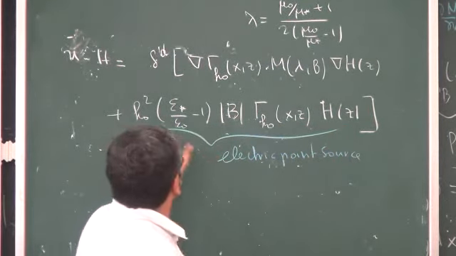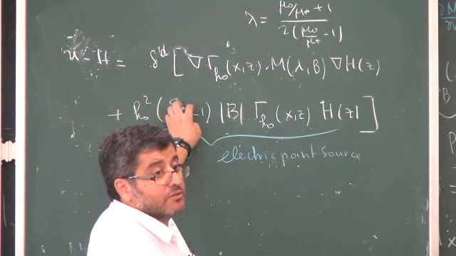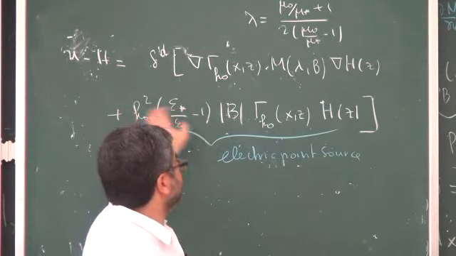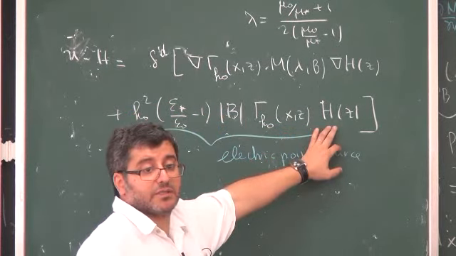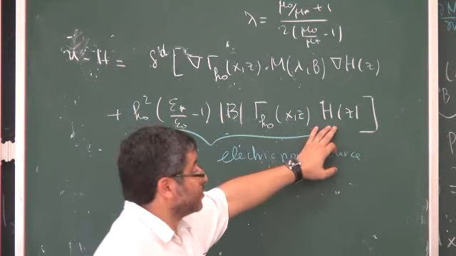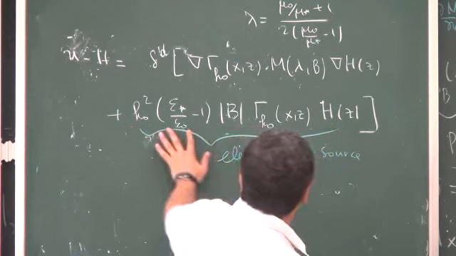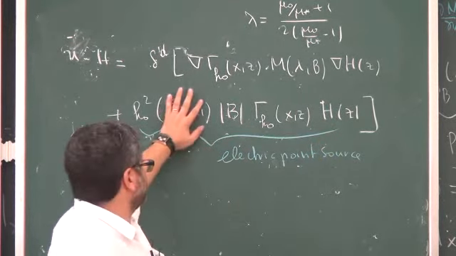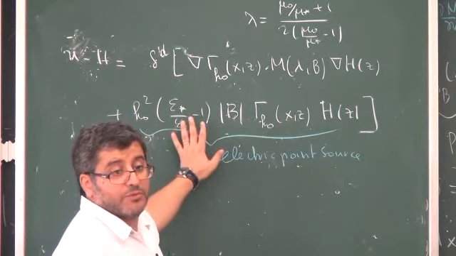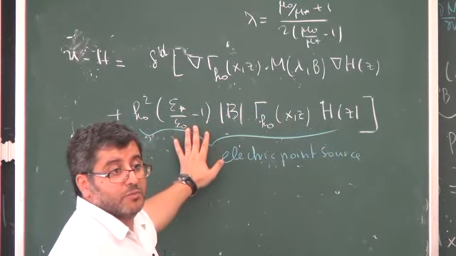Of strength what? Permittivity contrast times k0 square times the volume and times the incident field at z. This is an electric point source, because it depends only on the electric contrast. If there is no electric contrast, there is no point source contribution.